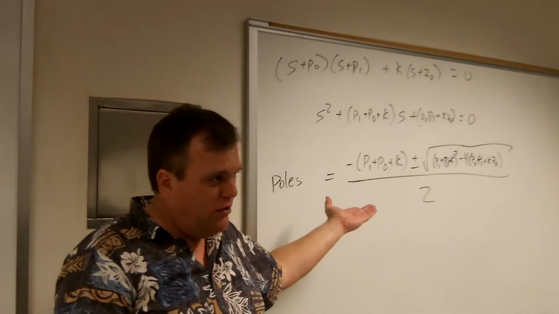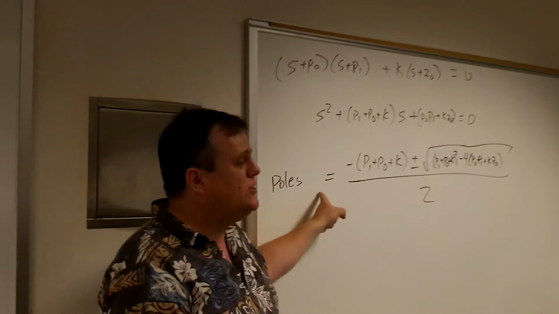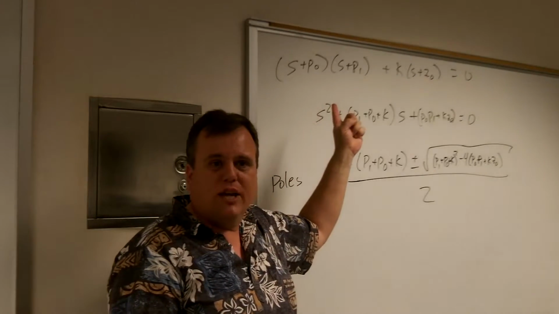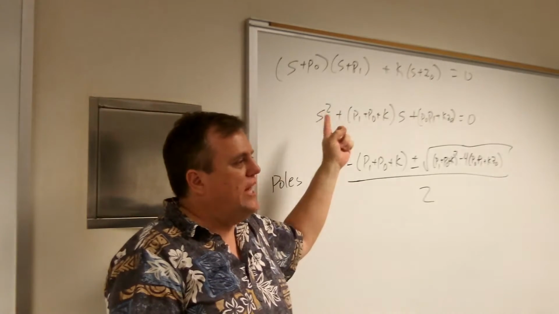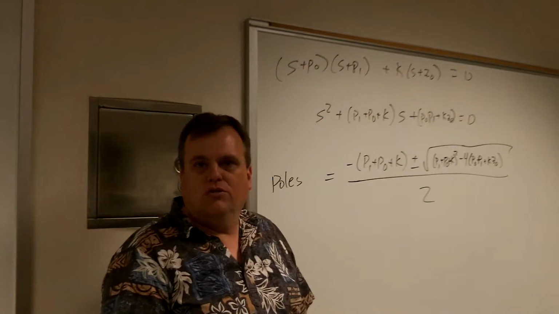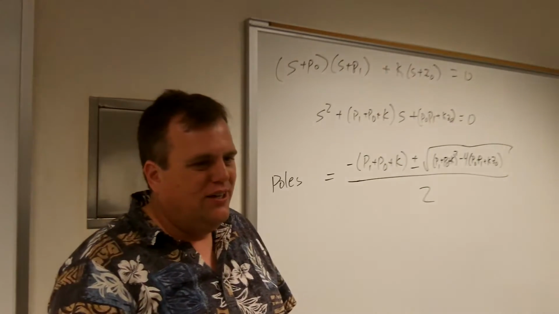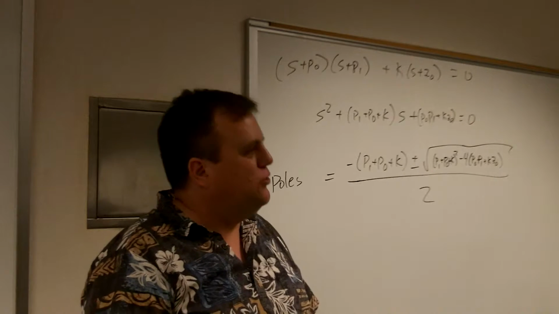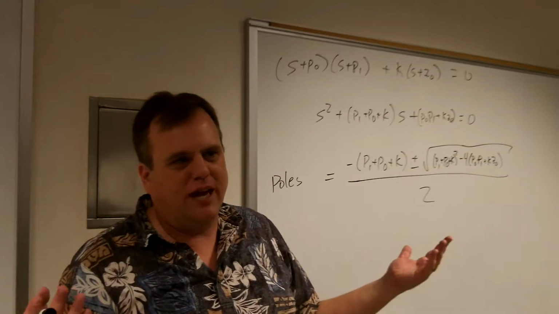Could you plot it for all values of k? Theoretically. However, this equation works great when my highest power is s squared. What happens when it's s to the 10th? There is no closed form solution. So now you have to do it numerically, which means an iterative process for an infinite number of points, or infinite values of k.